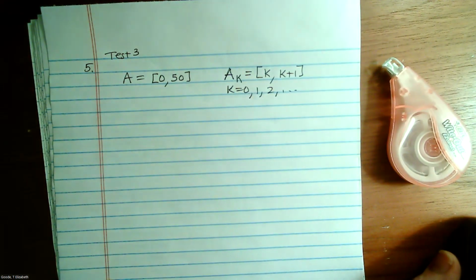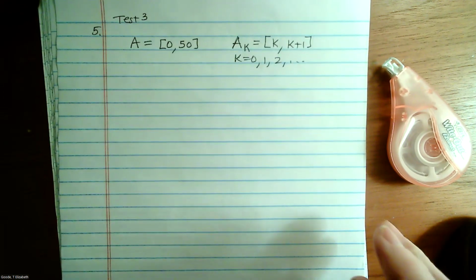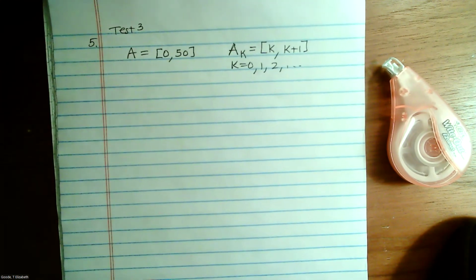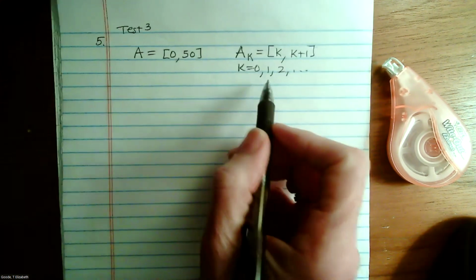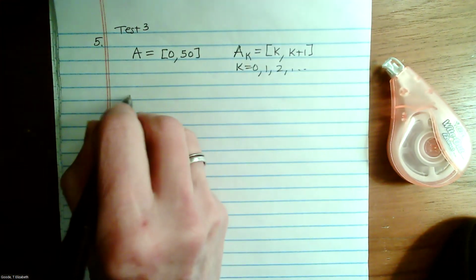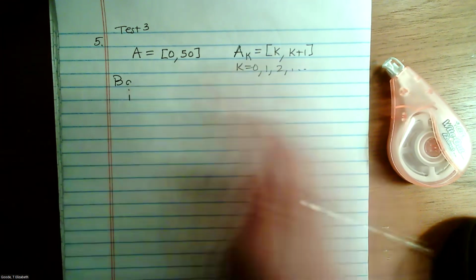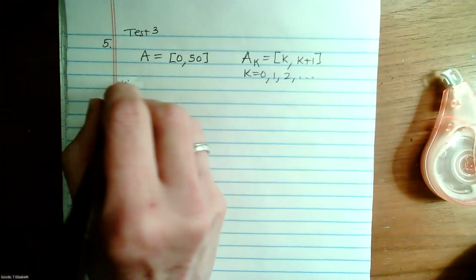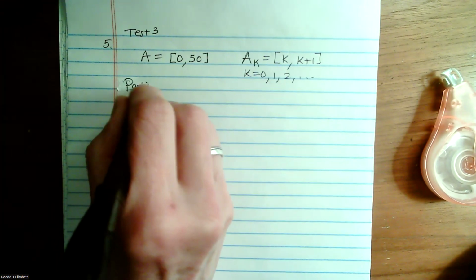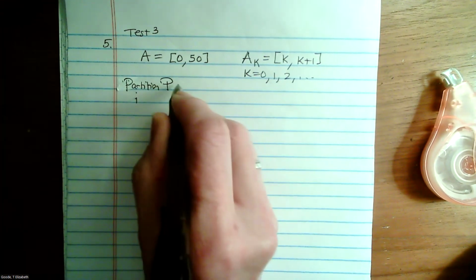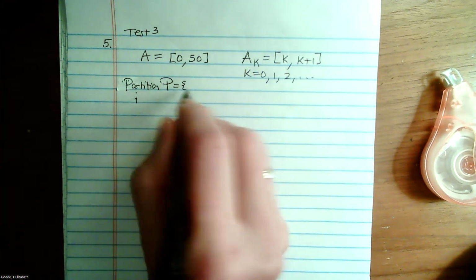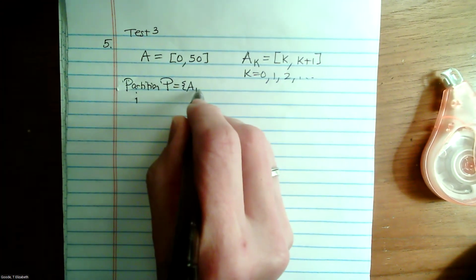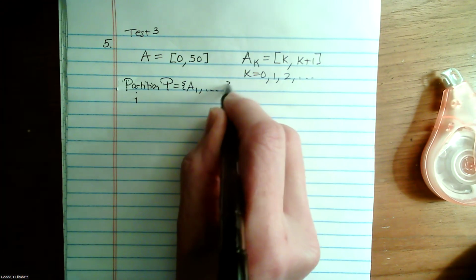Now you have to understand the definition of partition usually starts the indexing at 1. But when we're talking about the three things that need to be true for a partition P, which is the set of sets, there might be a bunch of them.